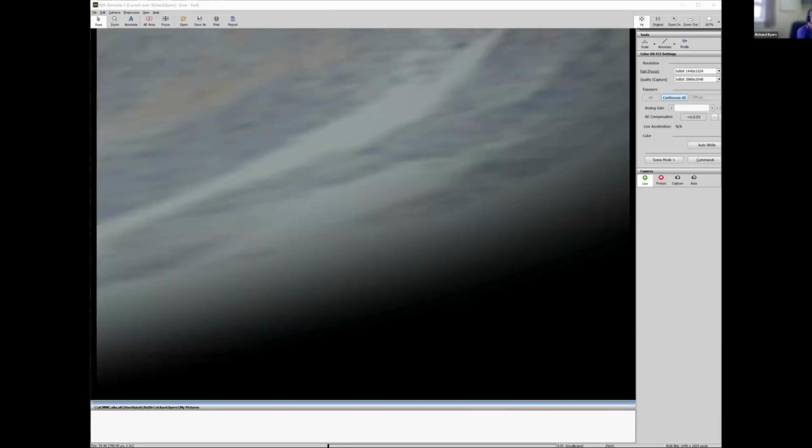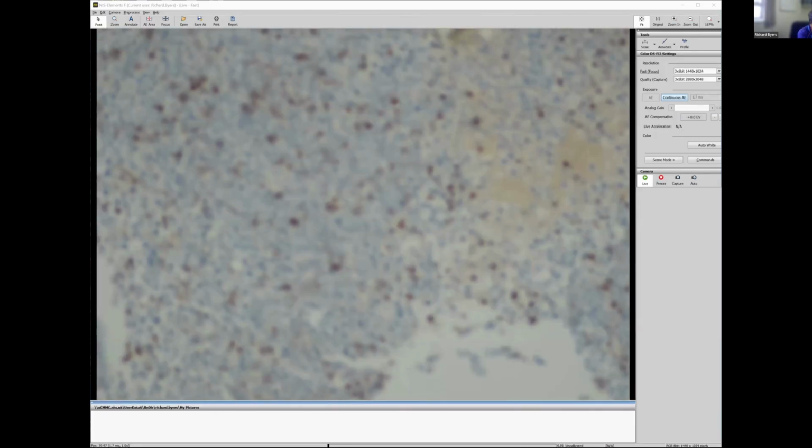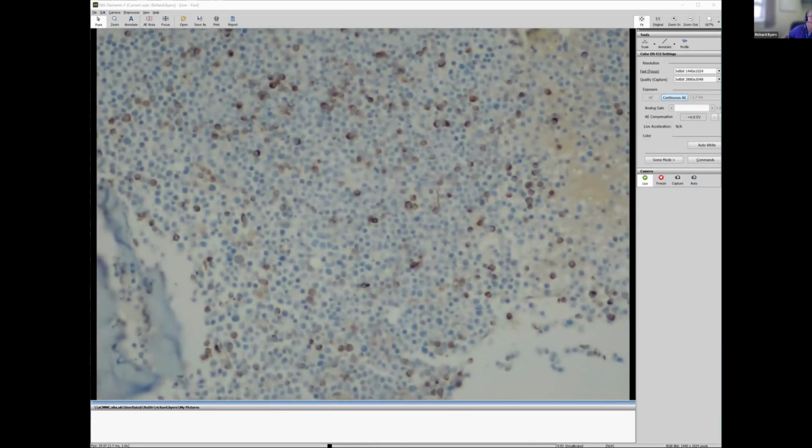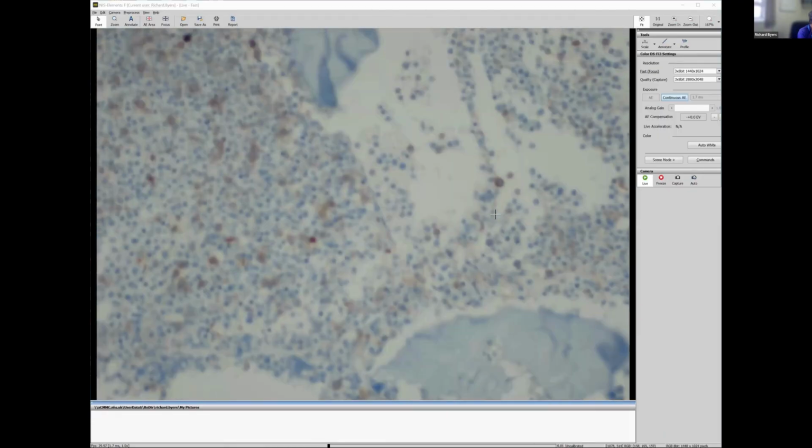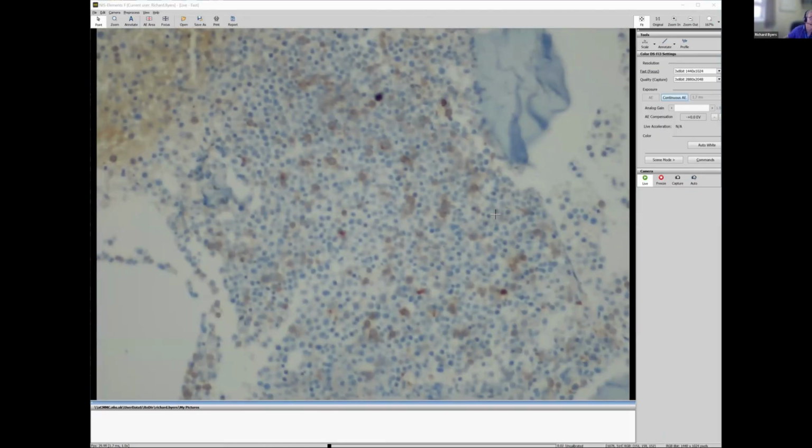So there's the CD34, about 20% positivity. It was also positive for CD117. Now, with CD117 you have to be a bit careful in interpreting because erythroid cells can also be positive, but this is a similar proportion to that we had with CD34. So it's CD34 and CD117 positive, and this is a case of AML.